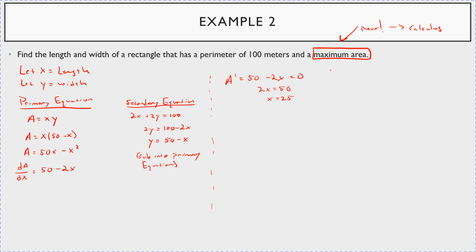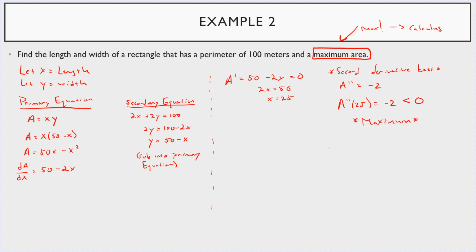Again, second derivative test. Let's find A double prime. If you take the derivative of this, you just get minus 2. When you evaluate that at 25, you just get minus 2, which is less than 0, which means you do have a maximum.